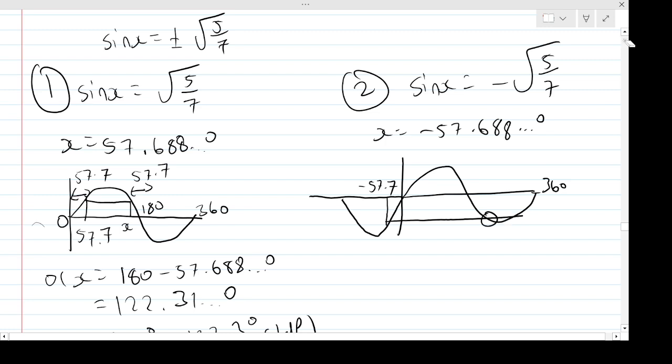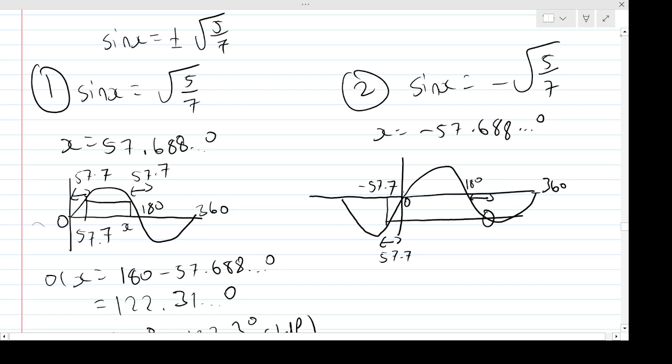Well, the next solution after that, well, again, the gap, if we have 180 here, the gap between minus 57.7 and 0 is going to be 57.7, right, the same gap. That gap is also going to be between 180 and this next solution, right?